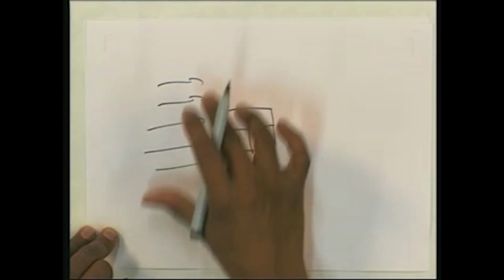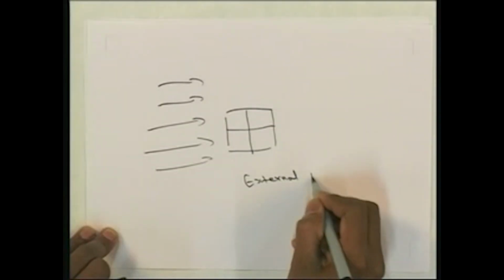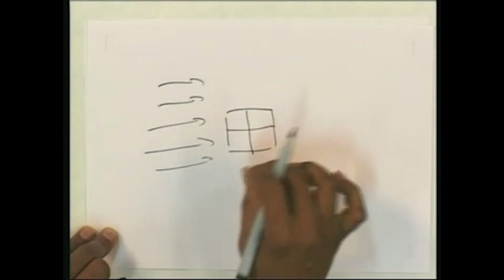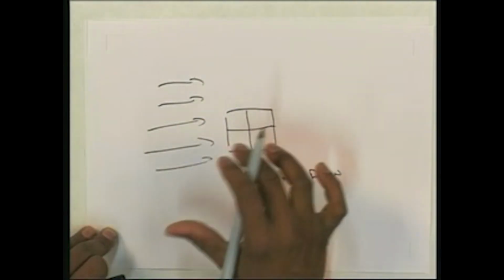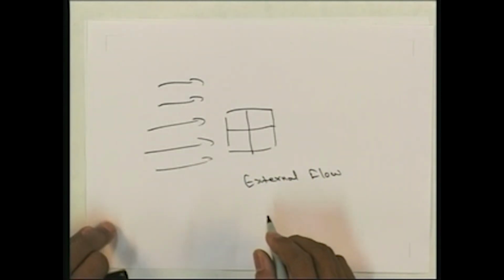This is very important for many engineering designs. This kind of flow, where we look at what happens around a particular body or structure, where the fluid flow is in an unbounded region, is the so-called external flow.